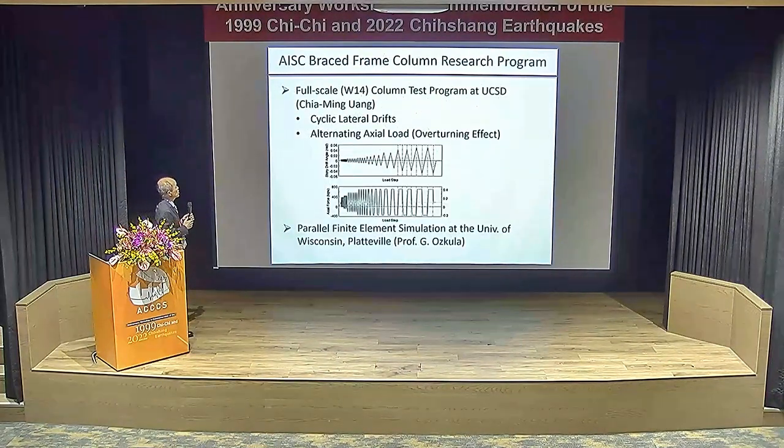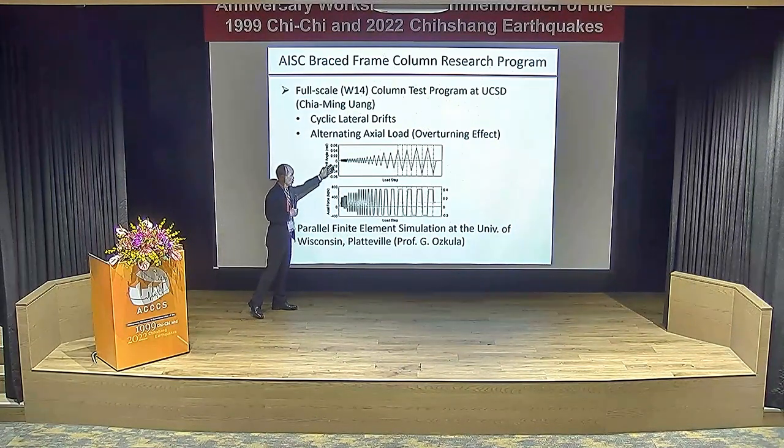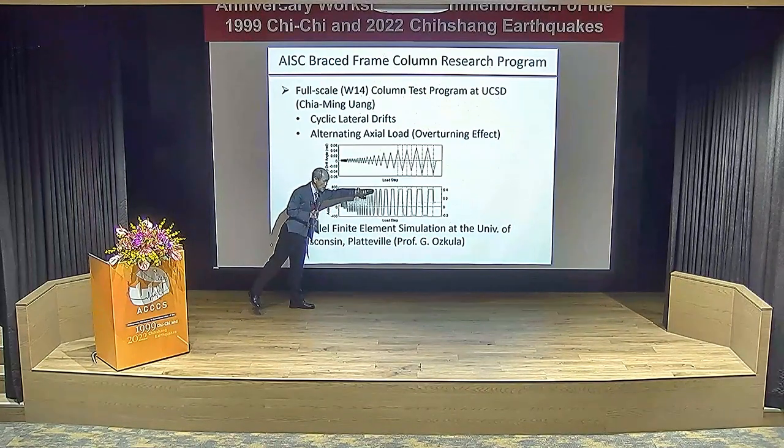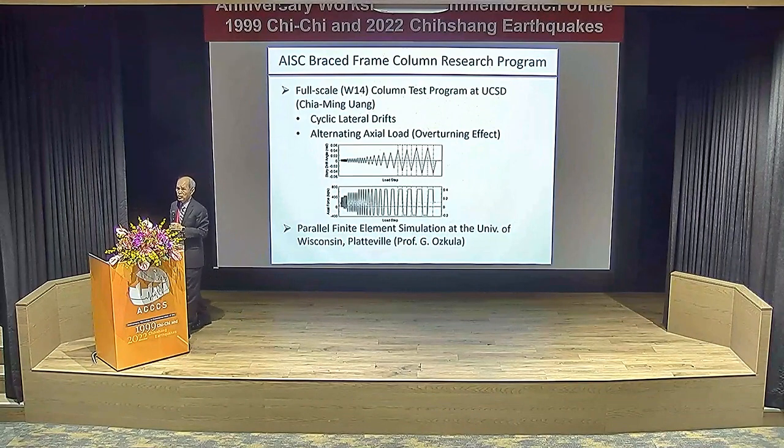So AISC decided to fund more study, an ongoing study of 6 specimens. So far, we have tested 3. And we not only cycle the column back and forth to impose the story drift, we also apply axial force. But the axial force we kept at a certain level because it cannot be proportional to the story drift, because once a plastic mechanism is formed, the axial load will be saturated.